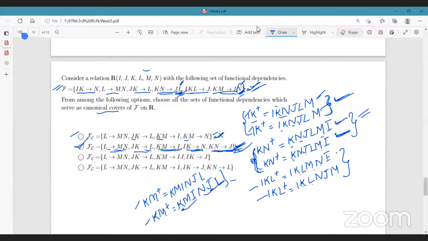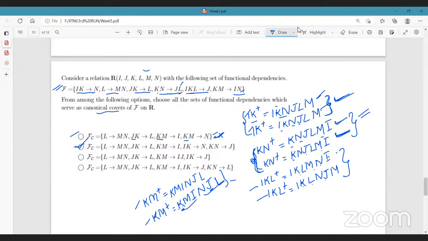So am I clear? Yes, ma'am. Ma'am, I have an extraneous attribute in the canonical cover, ma'am. Sorry? To serve as a canonical cover, it should not have any extraneous attribute. So here we are removing the extraneous attributes. In these two dependencies, we have removed N and L because these were extraneous attributes.